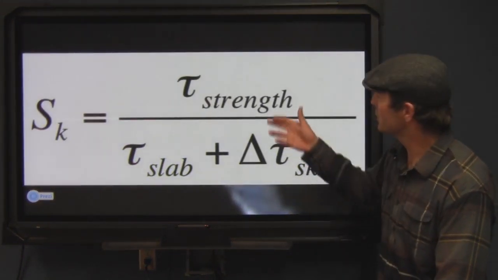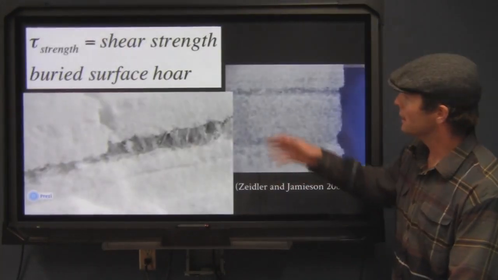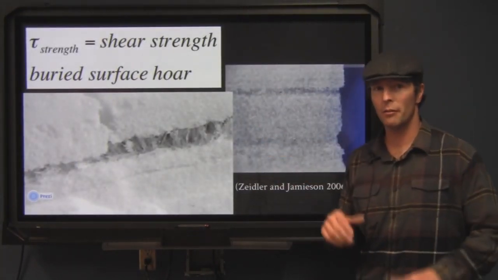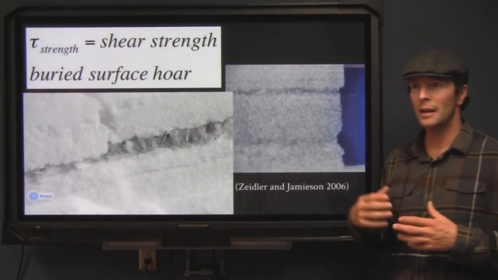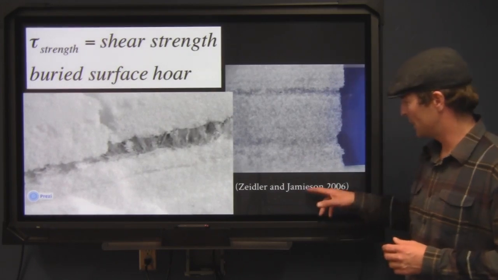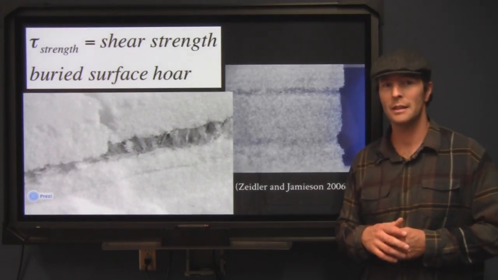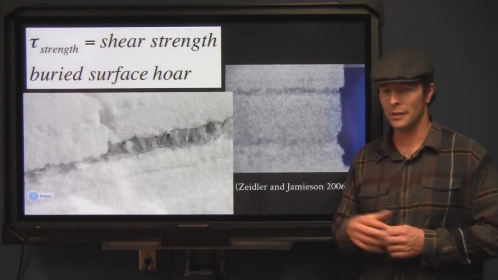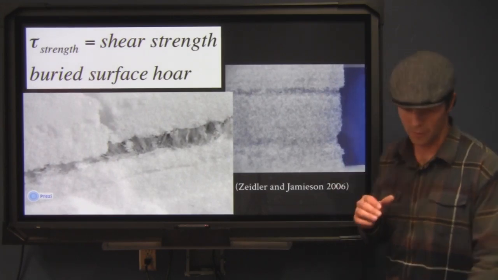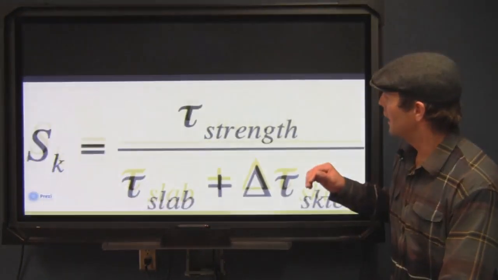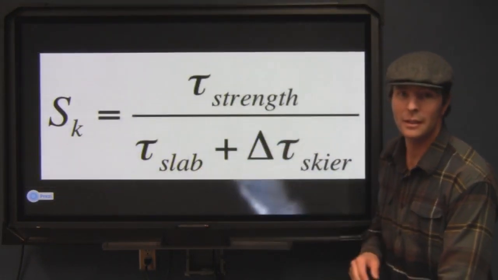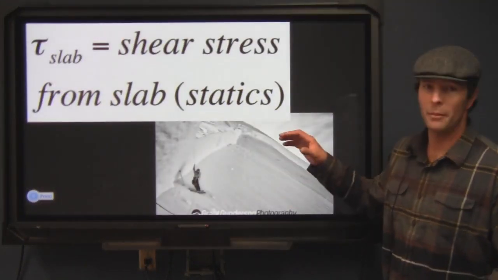Quickly, to describe all the terms in this equation: the top is the shear strength of buried surface hoar, and the data for that comes from a 2006 study at the university here, from a bunch of measurements of surface hoar layers. This term is the shear stress from the slab.